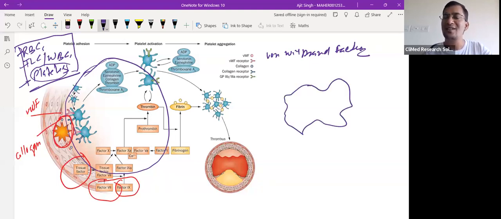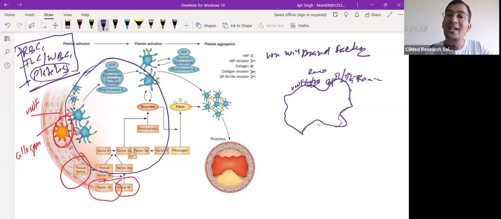This platelet is simply flowing in the blood, but at the surface of the platelet there are already GP2b/3a receptors and von Willebrand factor receptors. So multiple receptors are already available at the surface of this platelet.